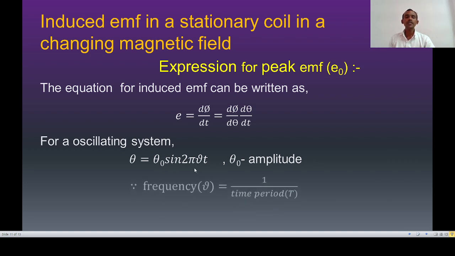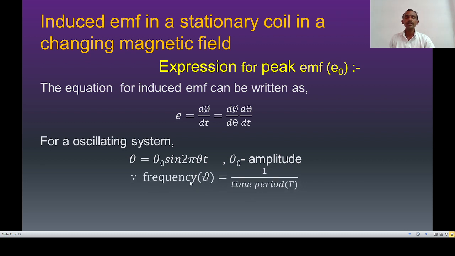Now frequency is related to the time period, nu is equal to 1 upon T. Therefore by putting this in the above equation, we can write theta is equal to theta 0 sine 2 pi t upon T.